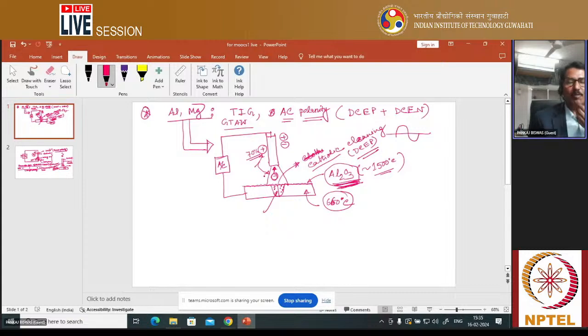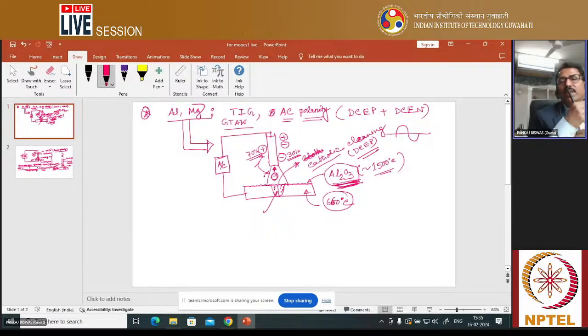Understand what I'm telling? To avoid these things, sometimes for cathodic cleaning you use the electrode as positive polarity, and for cooling down the electrode, sometimes you use negative polarity. In this case less heat will be generated in the electrode.